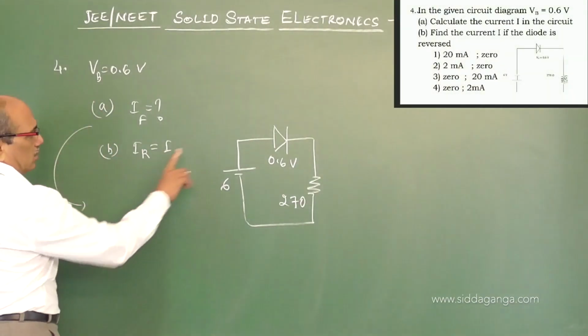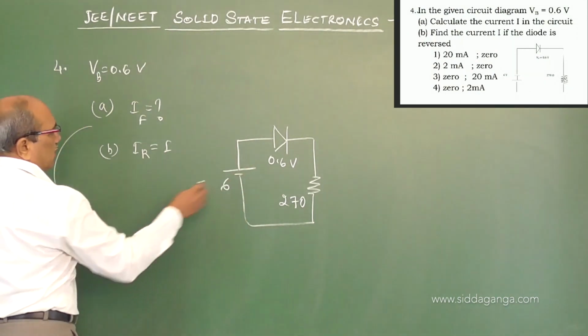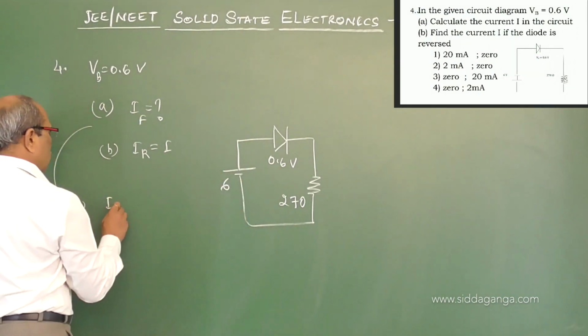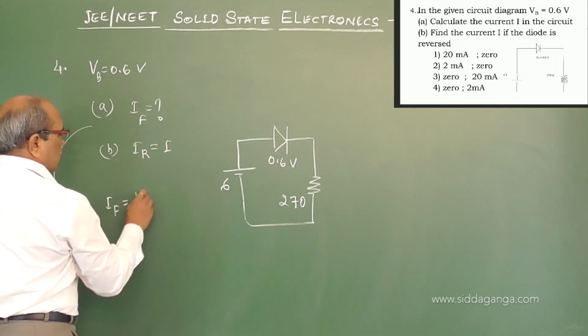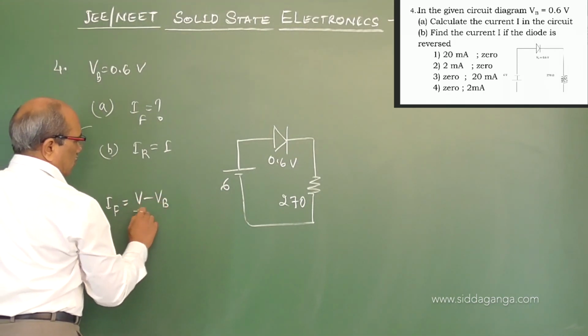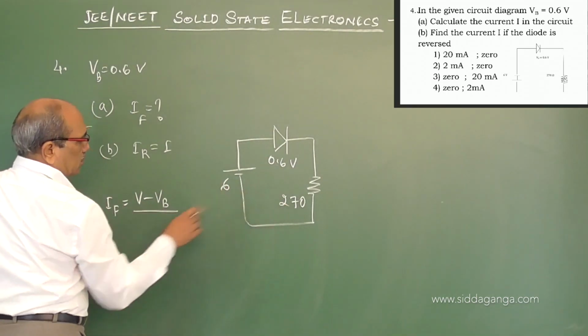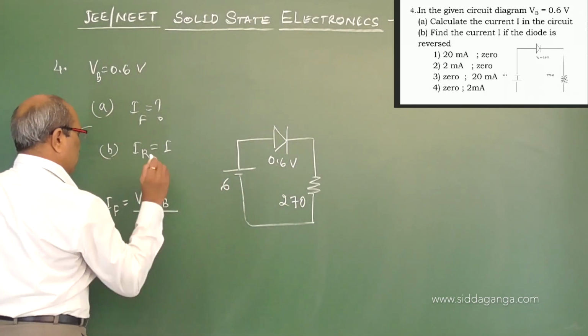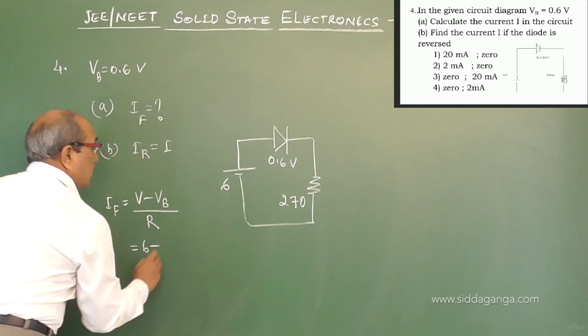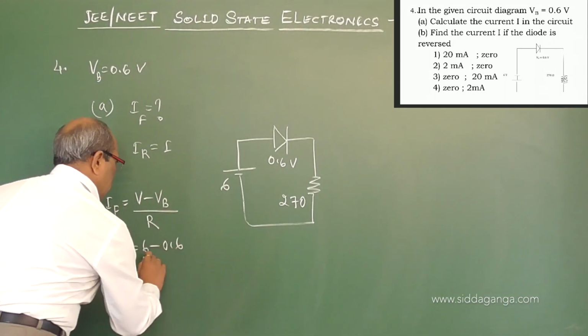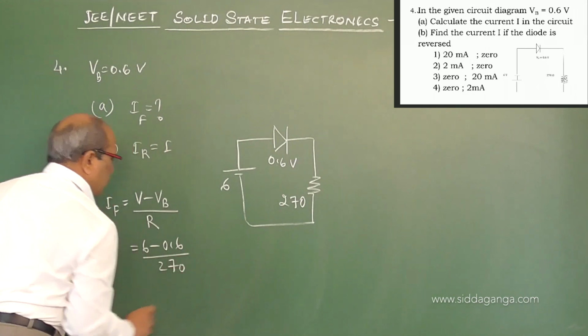If you come to the simple Ohm's law circuit, if you apply net voltage, forward current is supply voltage minus forward bias potential, divided by resistance. This is 6 minus 0.6 divided by 270.